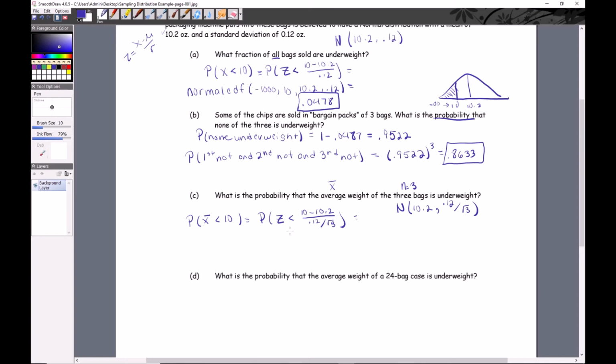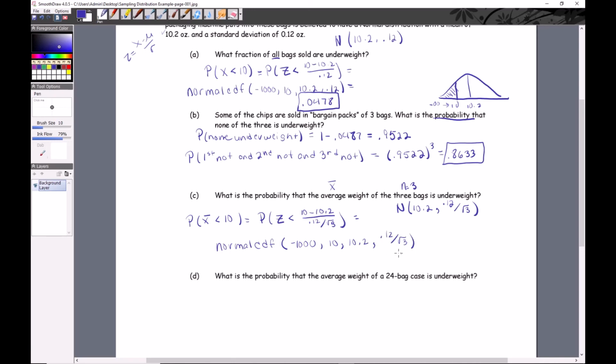I don't need the curve since it's the same as before, and I wrote out the sampling distribution parameters. So I'll do normal CDF, from negative 1,000 up to 10, with a mean of 10.2 and a standard deviation of 0.12 over square root of 3.